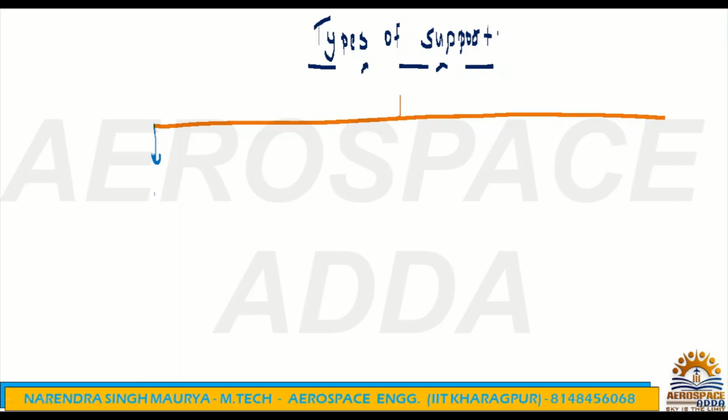a very common one, which is nothing but simple support. I must say simple support. Now, what is the simple support? If the beam rests simply on support, it is called simple support.